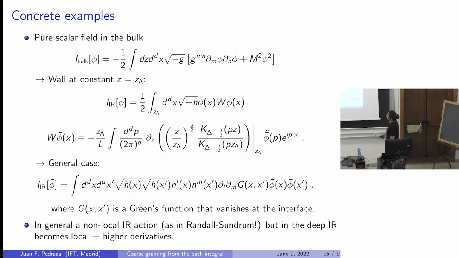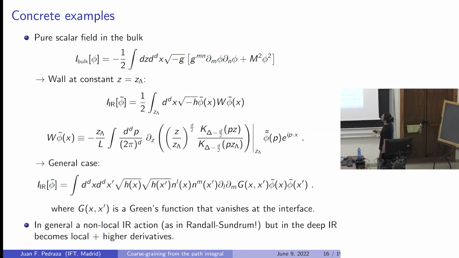Okay, so we did a couple of concrete examples in the paper. Here I'm showing you a simple case that you can do: take a scalar field with no dynamical gravity, just a scalar field. Have a constant-time interface, and do the IR integration. In that case, you get something that looks like this.